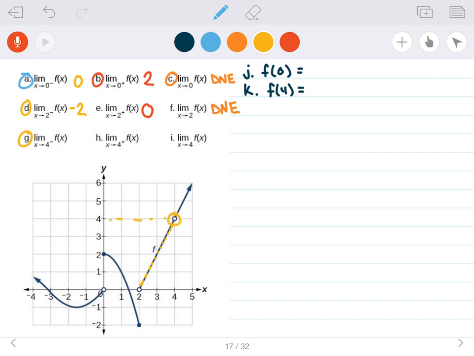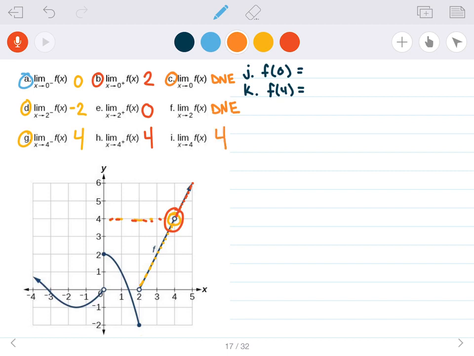That corresponds to a y value of 4, so that's my answer here. And as we get close to 4 coming from the right side of 4, again, the limit seems to converge on y equals 4. So this guy is 4, and therefore the limit as x goes to 4 is indeed 4.